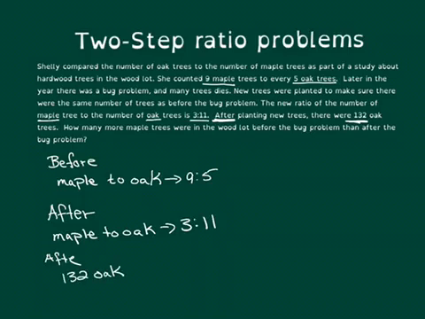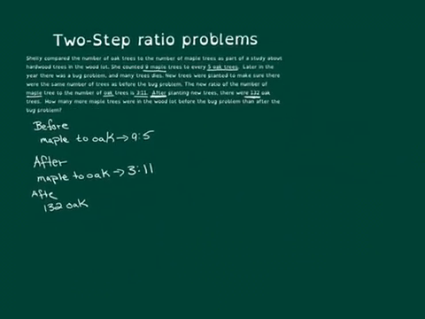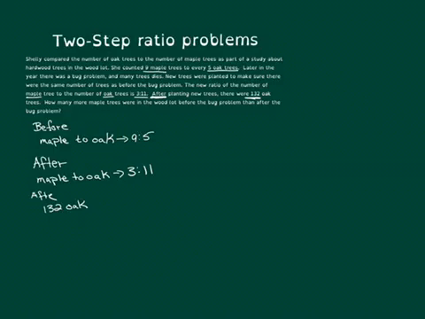All right, let's draw a model. Zoom out here a little bit. Okay, first thing, we're going to make a before model. And then we're going to make an after model. Now before, we have 9 to 5.